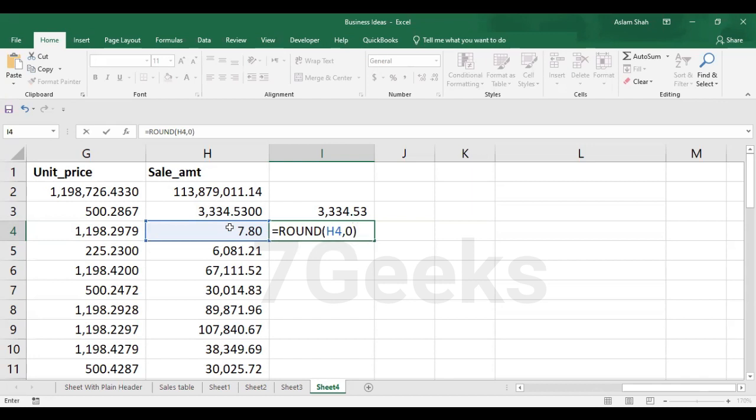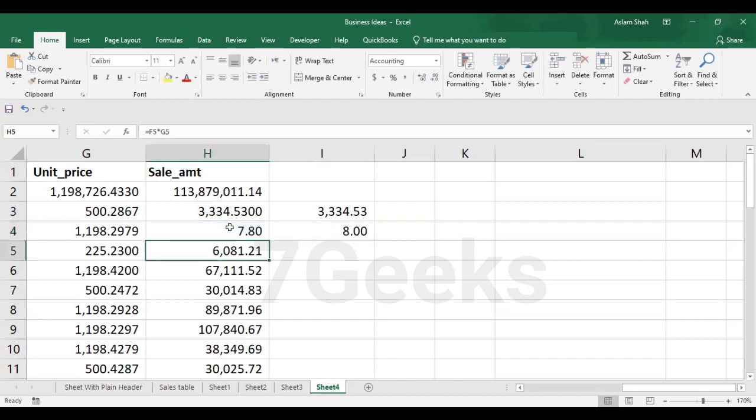This means that the digits on the right side of the decimal would be removed and the first digit that is on the left side of the decimal would be increased or rounded to the nearest higher value. So it removed the 80 to 00 and rounded 7 to 8.